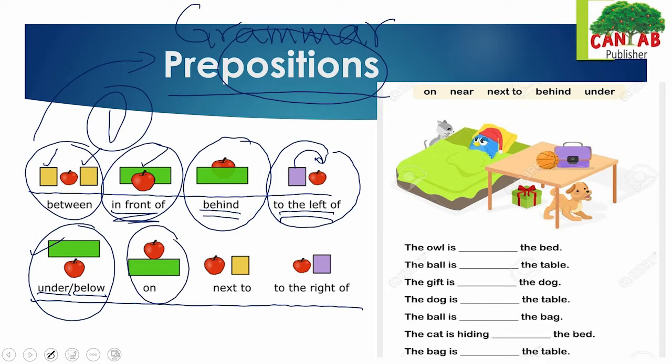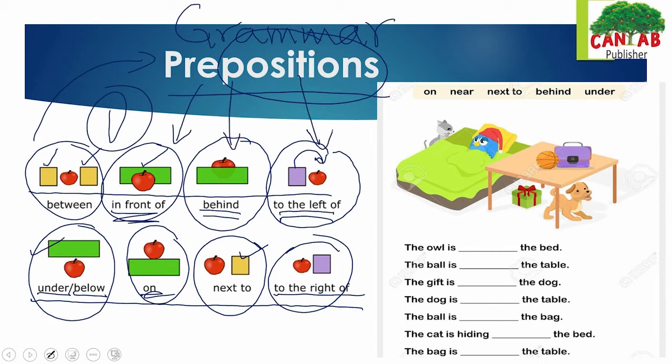The apple is on top of the rectangle. The apple is next to the yellow square. And the apple now is on the right side or to the right of the purple square. Prepositions tell you the position of the object or the noun in the sentence.